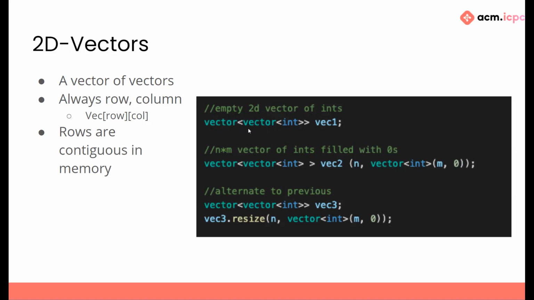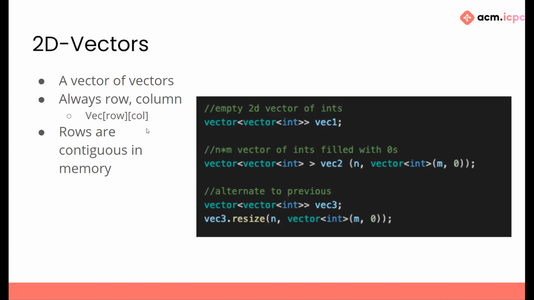This way, you would have a lot of vectors stored inside one single data structure. It's really easy for organizing code, and it has a lot of really useful cases. And to access the numbers in a 2D vector, you just do vec, square bracket row, and then column.